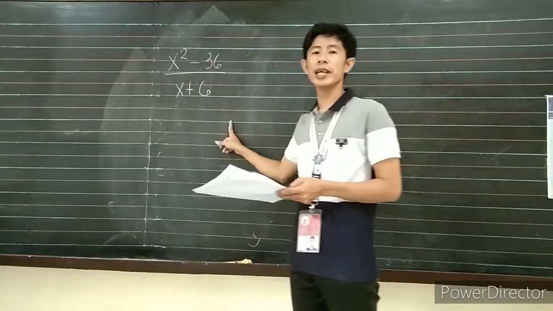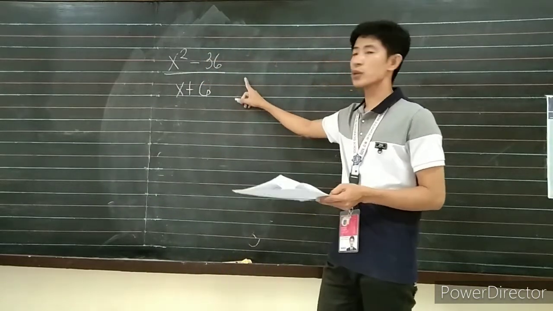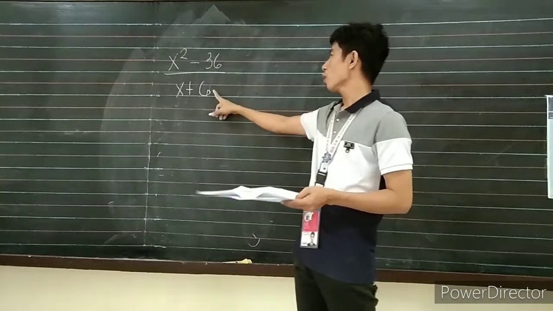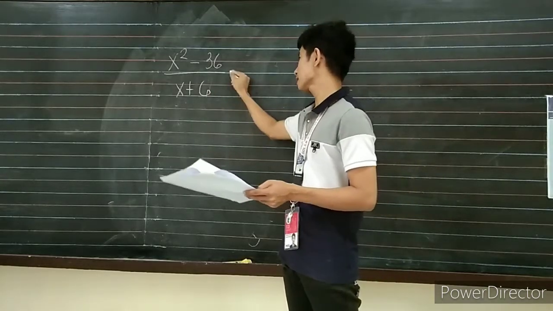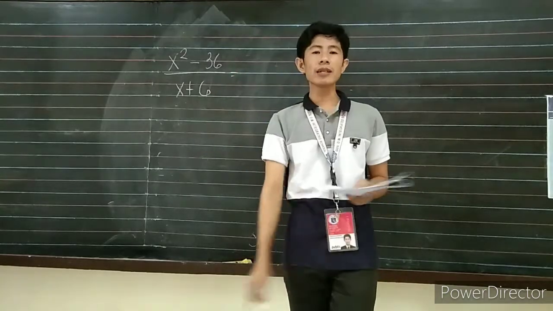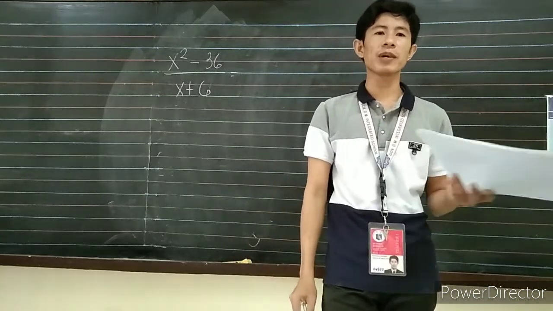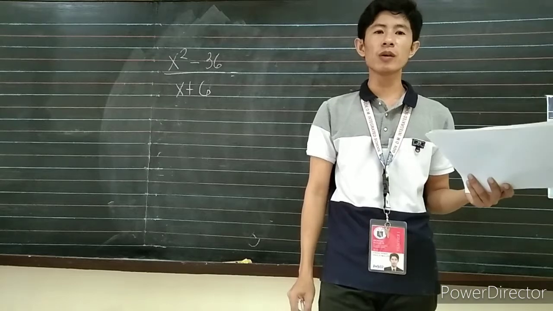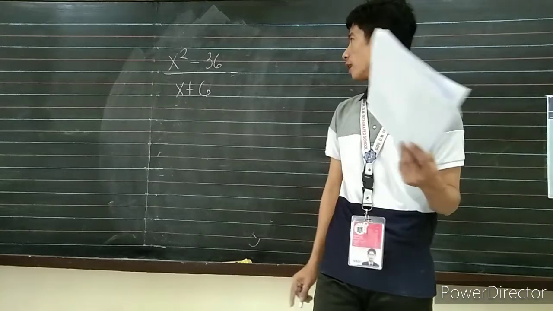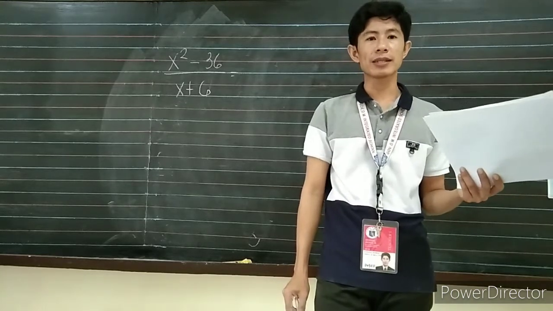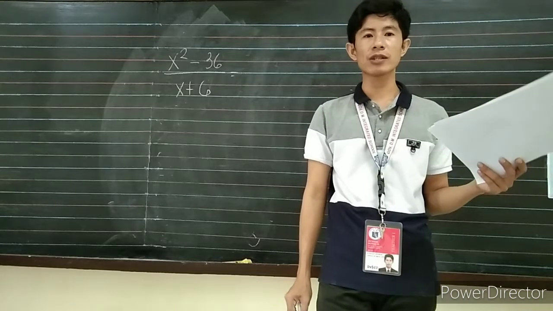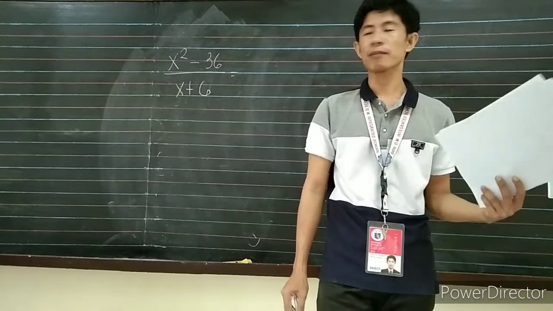Okay, we have the expression x squared minus 36 over x plus 6. In solving rational algebraic expressions, you should first know factoring polynomials, which was our lesson last meeting.